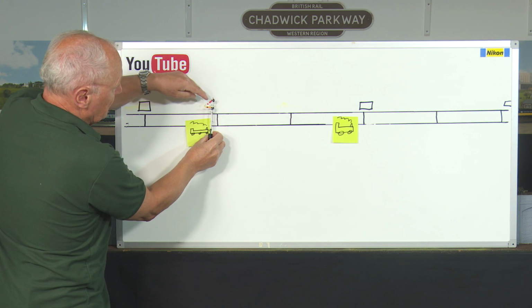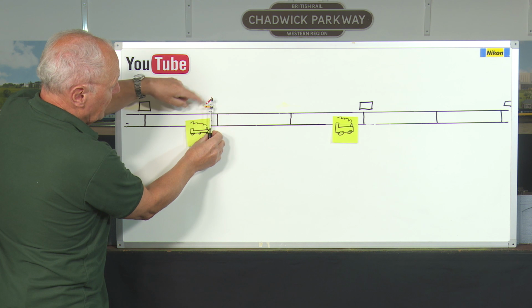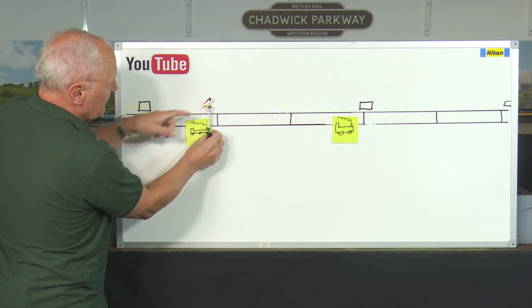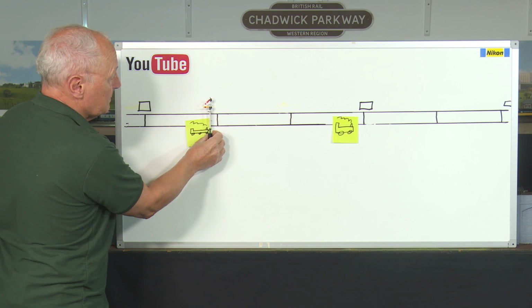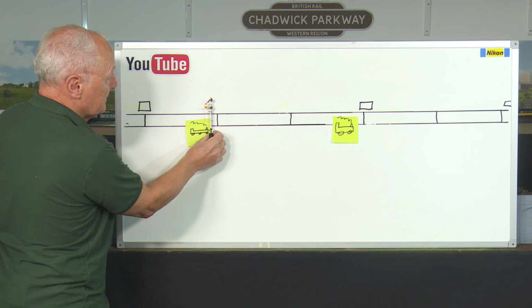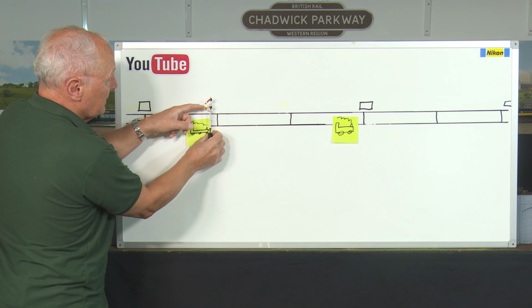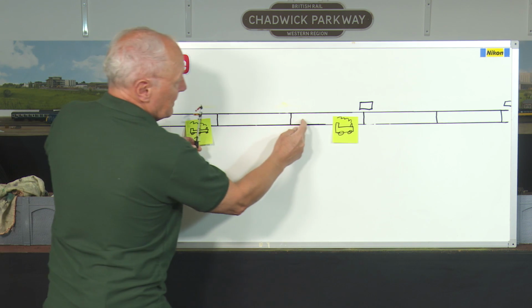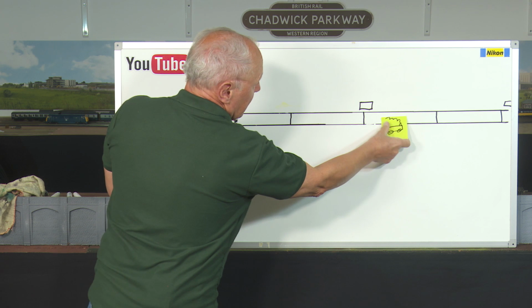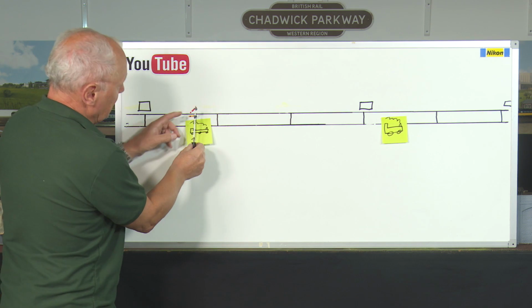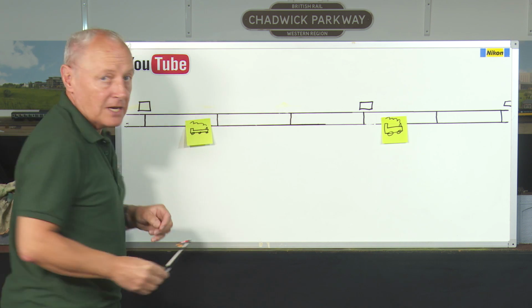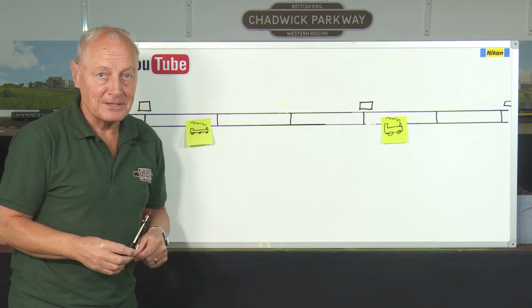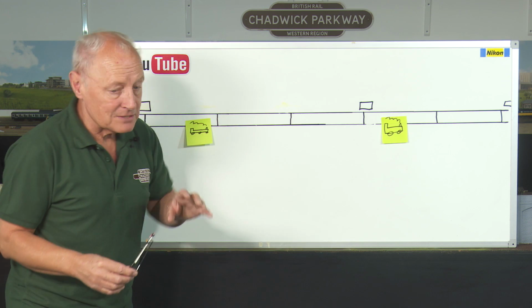So you have the lower quadrant home signal at proceed, but the distance signal at caution, meaning the next signal may well be at stop. If that were down, then it would be because this block would also be empty, and therefore if both signals are in the down position, then you know that two blocks are empty, and I do hope that that kind of makes sense. So that's the guts of it.